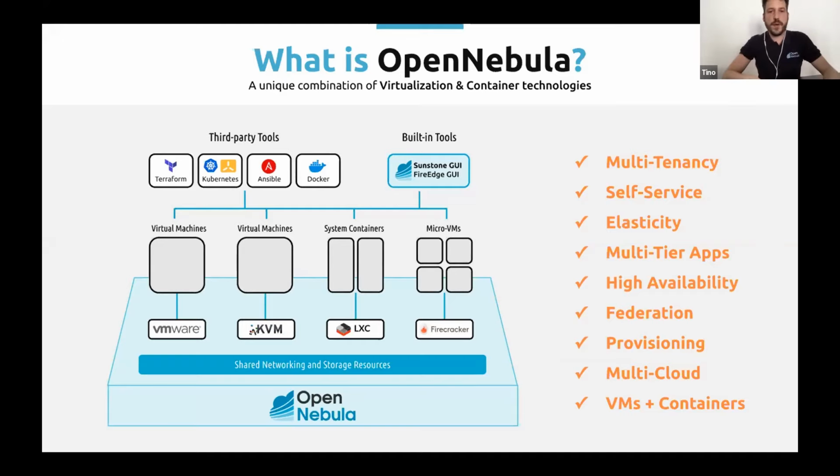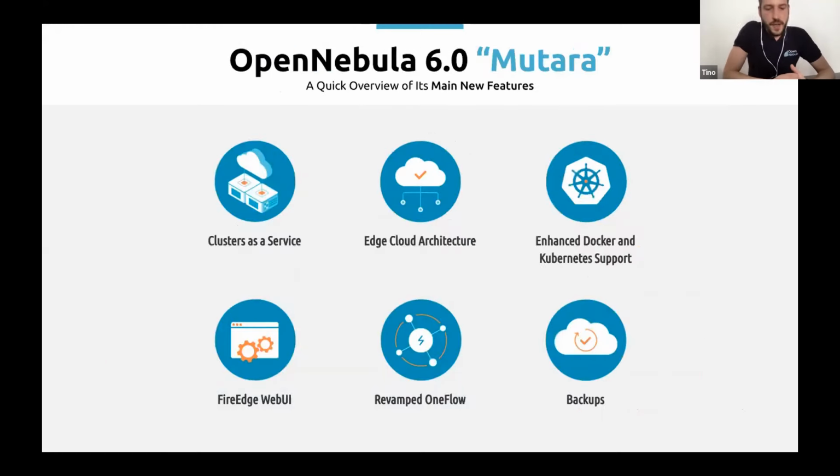And as we said before, you can run different types of workloads like virtual machines and containers. OpenNebula 6.0 Mutara was released last week. So let's go and see some of the main features that we added in this release.